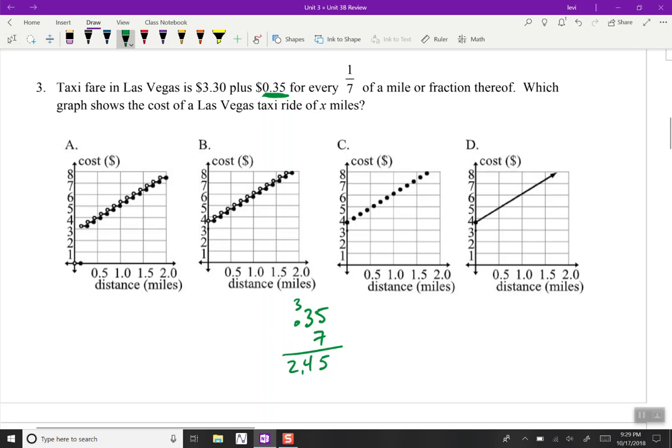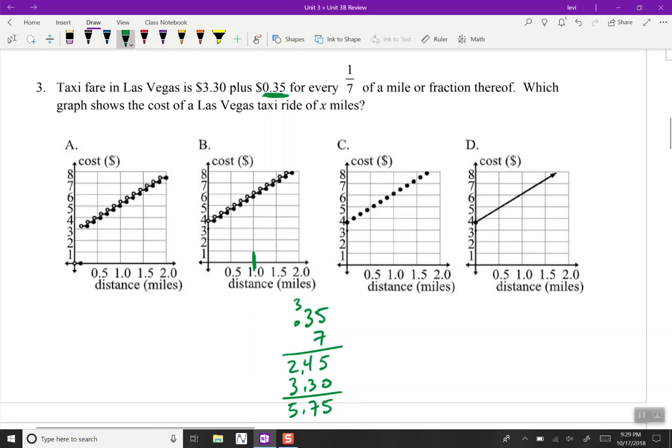So an additional $2.45 for every 1 mile. This should be going up $2.45. So $3.30, the next one would be what? $5.75. Should be at 1.